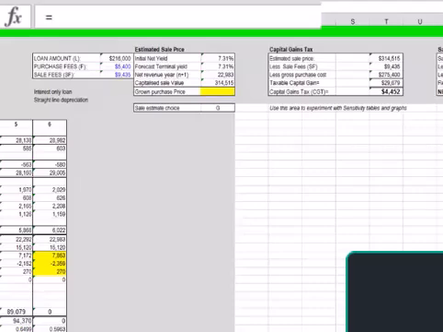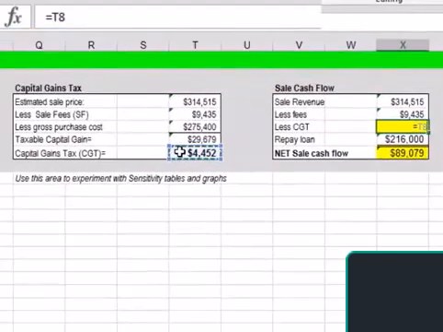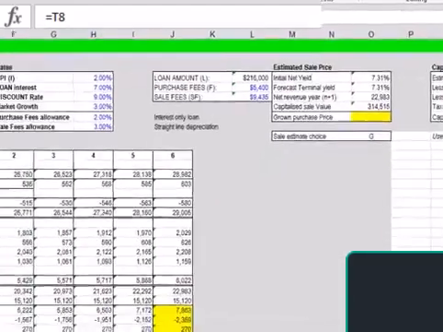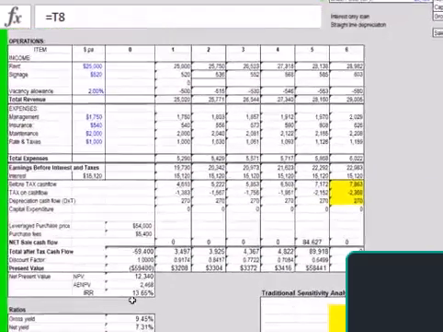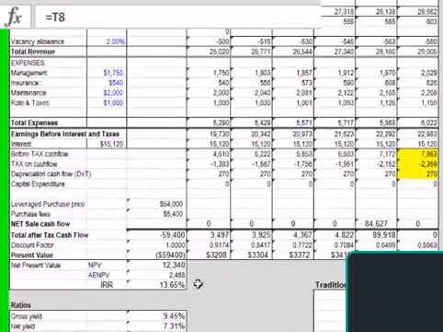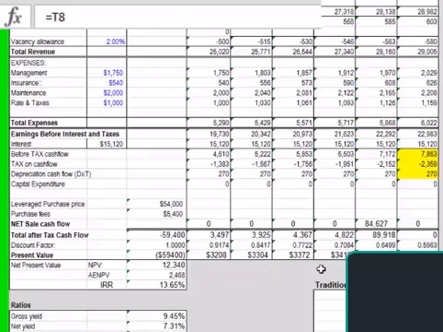Now all we have to do is take our capital gains tax estimate, place it in our calculation for the sales cash flow, and that then brings our net sale cash flow down a tad. And because our calculations are all humming along happily, that's automatically brought it down, and so my net present value here, and for that matter all of my other estimates of investment performance, have all been adjusted accordingly.